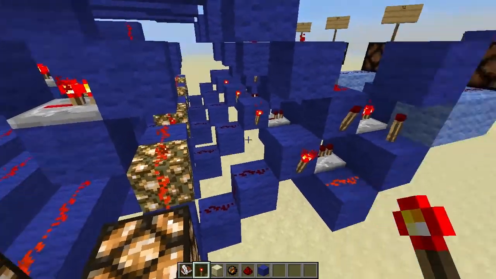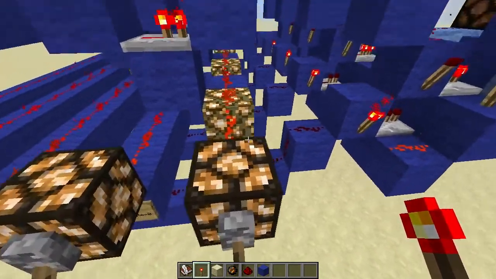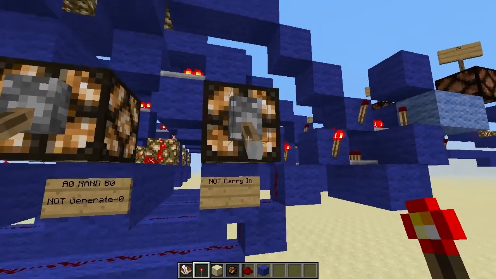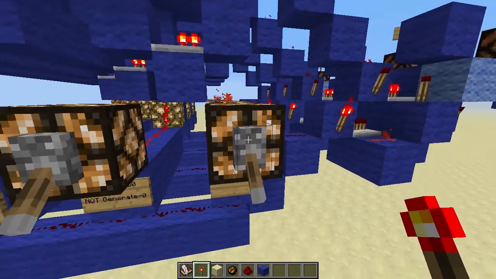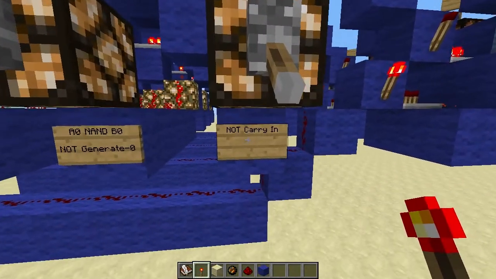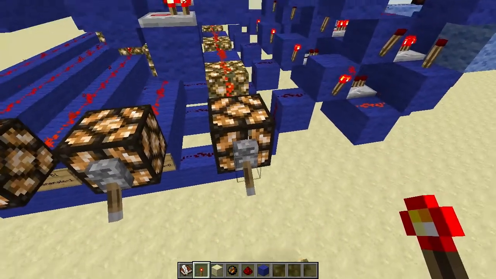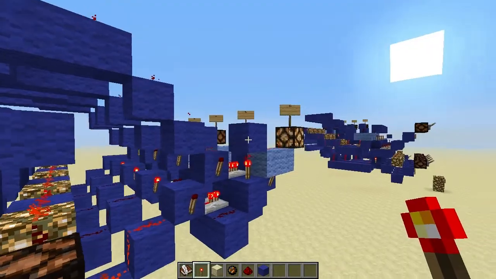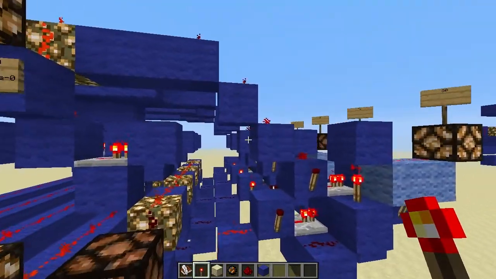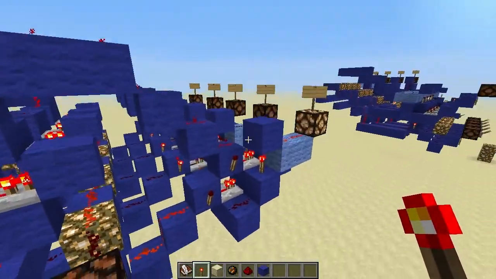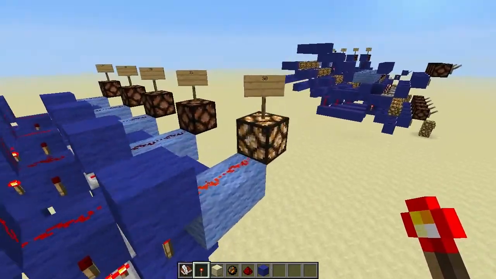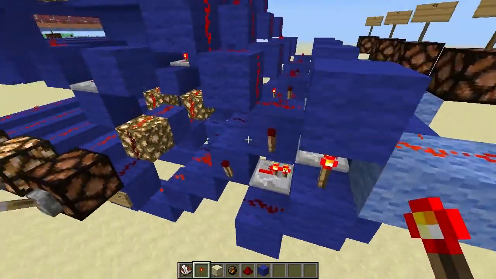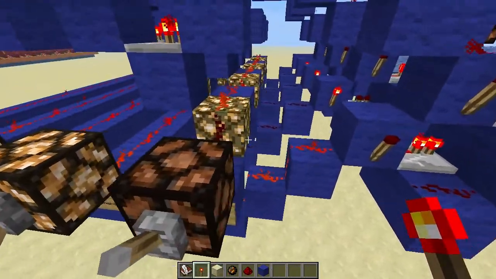So let's just say that I figured out that this was not carry in. So when we turn this off, this means that we want to put carry side of the machine, and this is the output on the first bit.